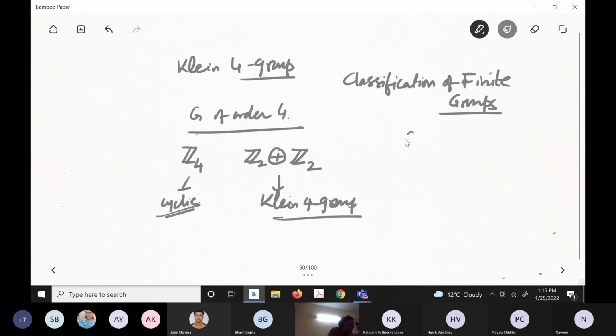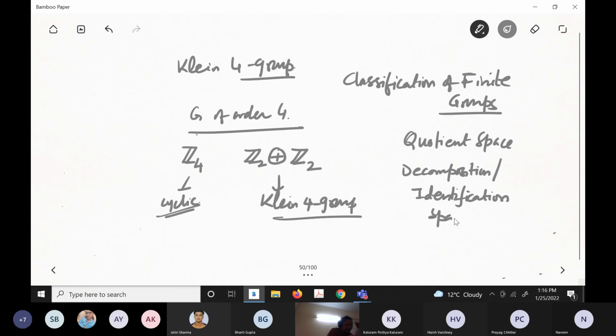Quotient space, which you read as decomposition or identification space, and with this you have the Mobius strip and the Klein bottle. Mobius transformation doesn't have any relation with this.